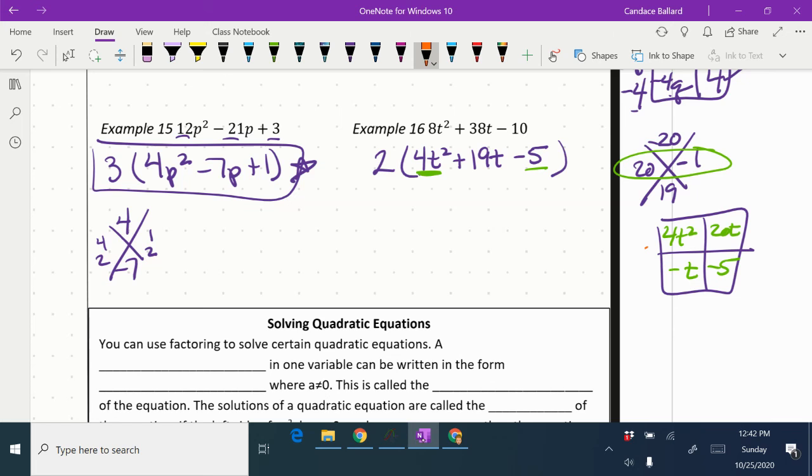Then I'm going to ask myself, what times what is 4? Well, I could do 2 and 2, but 2 doesn't divide into the negative t, at least not nicely. So I'm going to try again. I'm going to try 4 and 1, but 4 does not divide into negative t, but it does divide into 20, so I know I've got to put it on the side instead of the top.